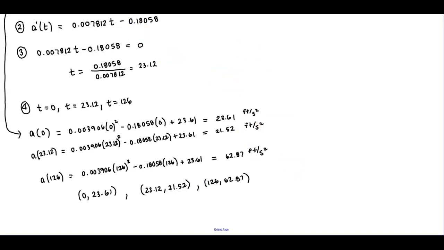Okay, so let's take a look here. We can see that this y value is smaller than the first y value at 0. So therefore, this represents the minimum.